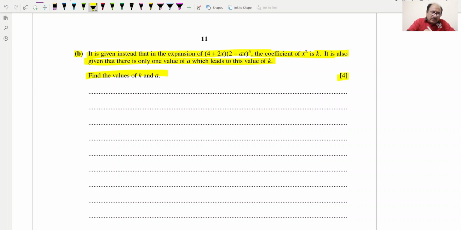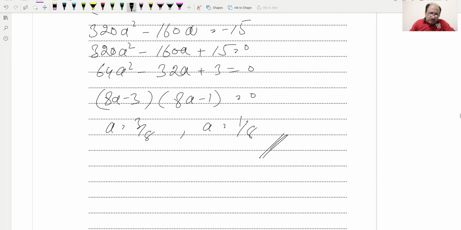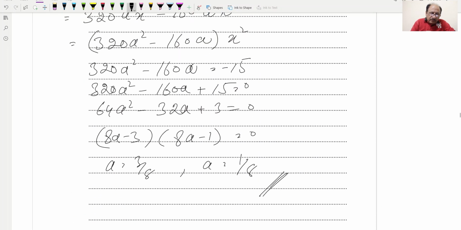This is a 4-mark question. So whatever we got in the previous question, basically this equation, sorry, I'm going to highlight this equation.